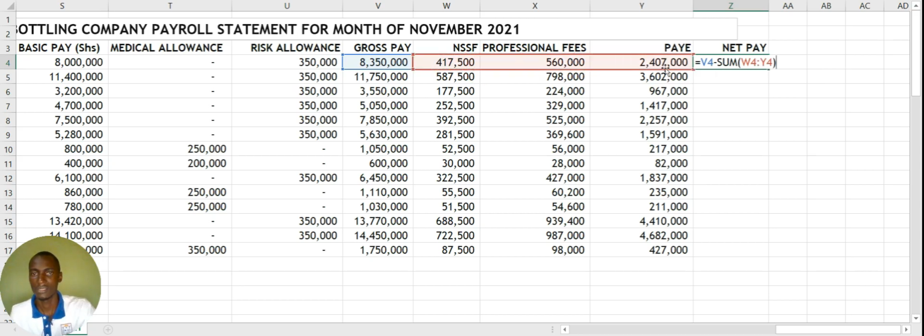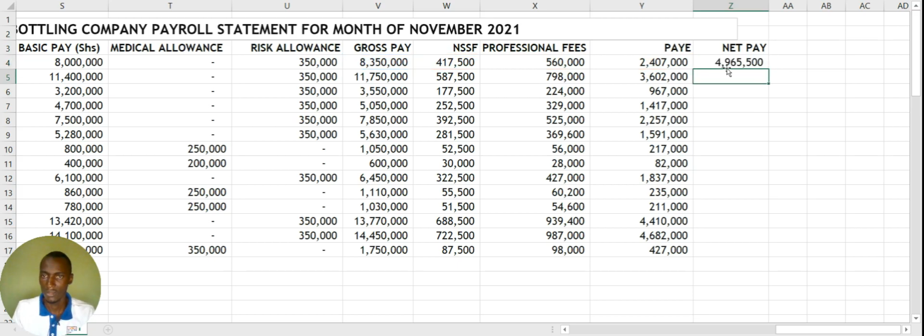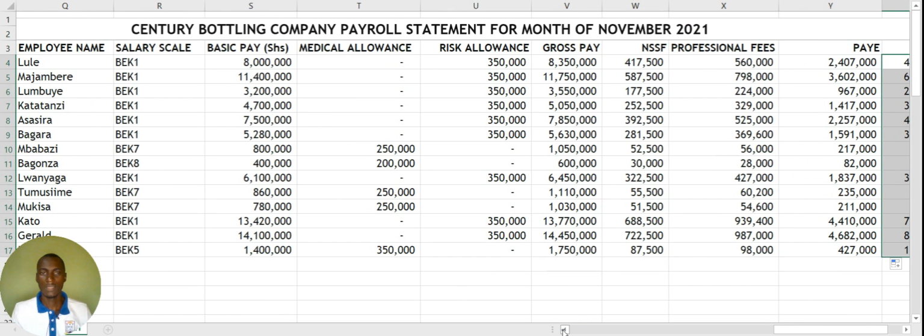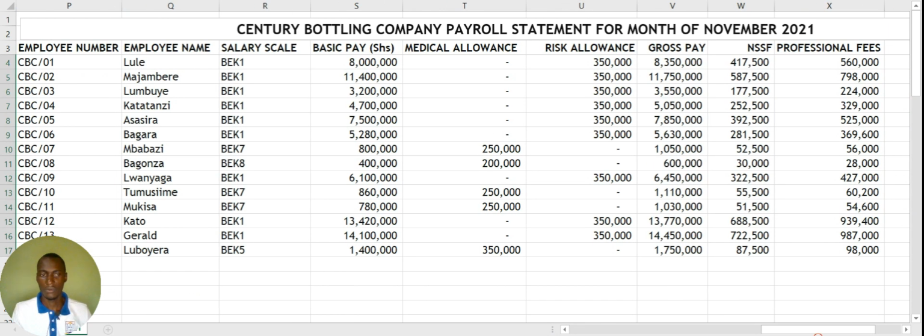That is NSSF, professional fees, and then the pay as you earn. So for Lule, that is 4,965,500. To get for the rest of the employees, do that. So that is your payroll.